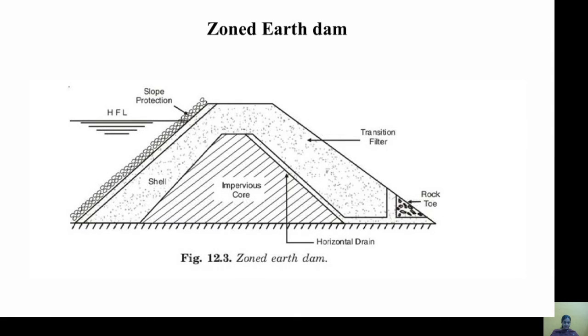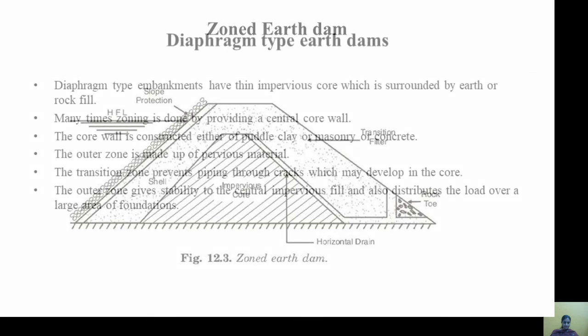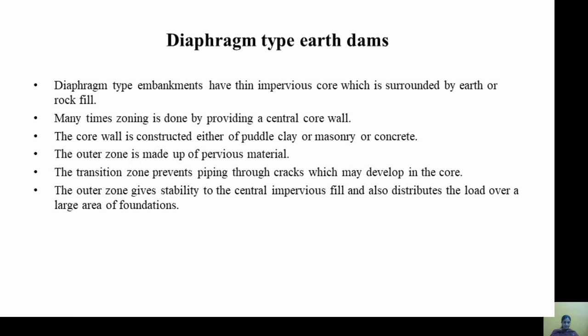Here you can see the diaphragm type or zoned earthen dam. An impervious core is provided, and a transition filter is provided. Diaphragm type embankments have a thin impervious core which is surrounded by earth or rock fill.